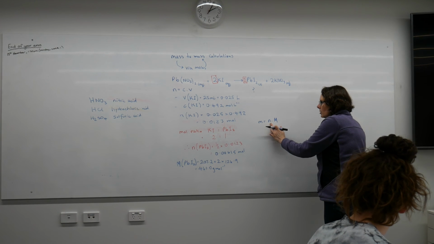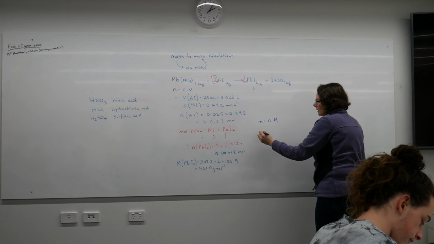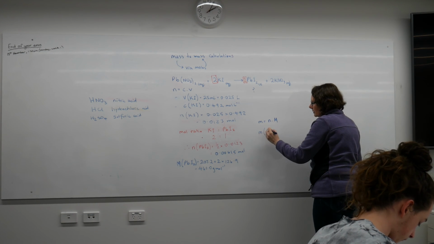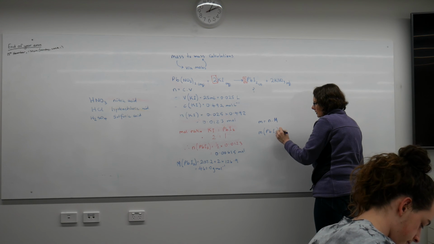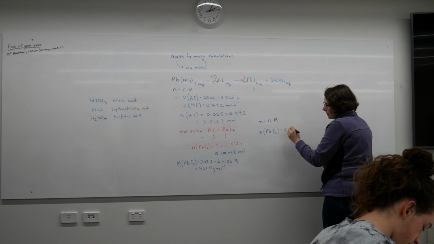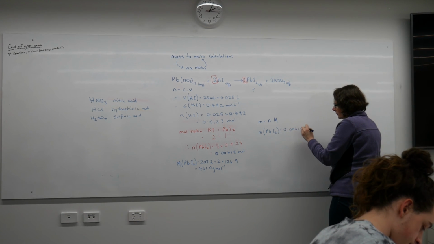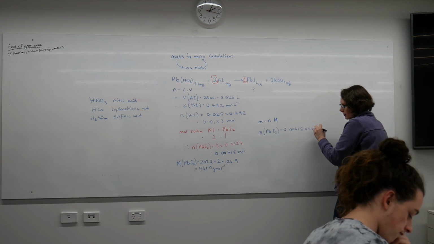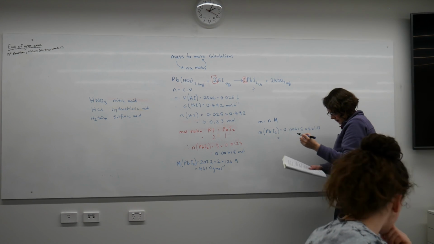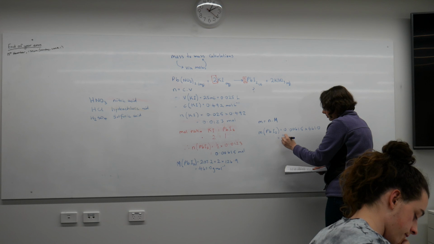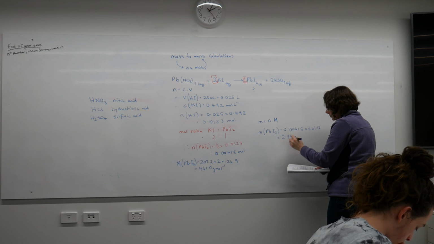So we have the moles and we have the molar mass. So our mass of lead iodide is 0.00615 times 461.0, which gives us 2.84 grams.